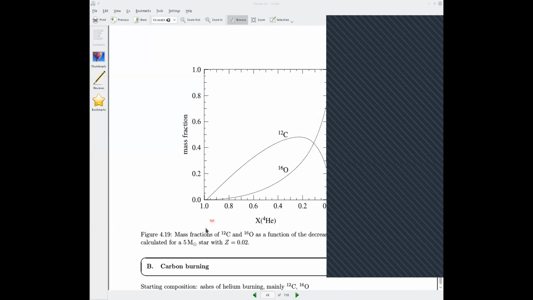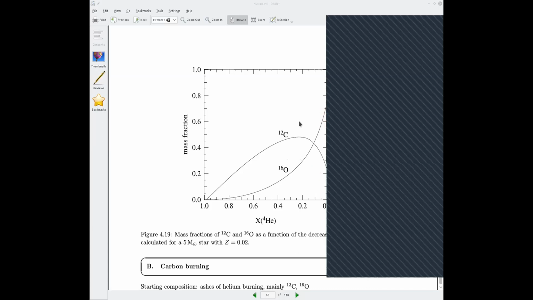Here I'm just showing the mass fraction of the two, with respect to the quantity of helium, the mass fraction of the helium that's remaining. At the beginning, you are consuming the helium just for the carbon. When you have enough carbon, you start to produce oxygen, and after a while you have a decrease in carbon and an increase in oxygen.